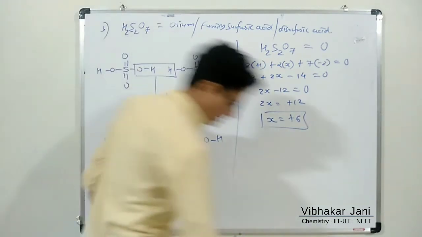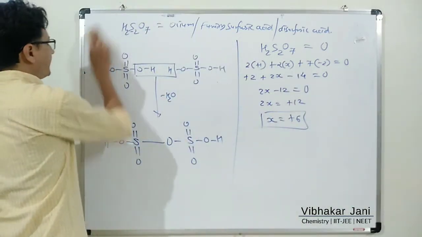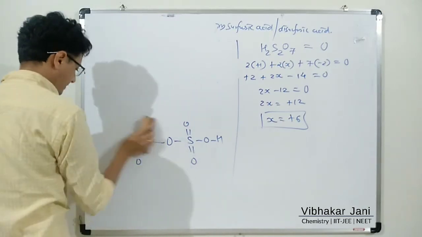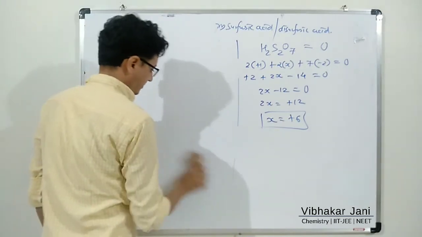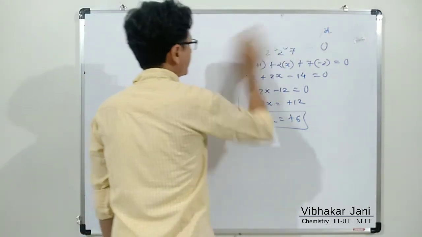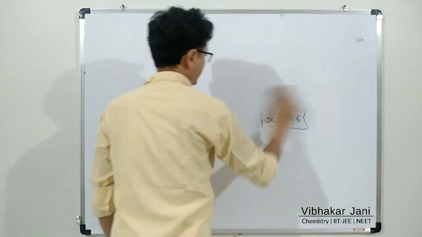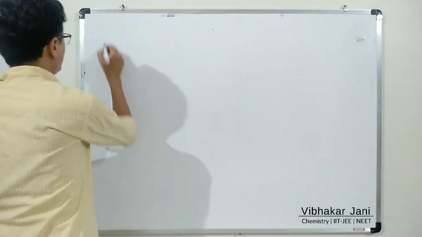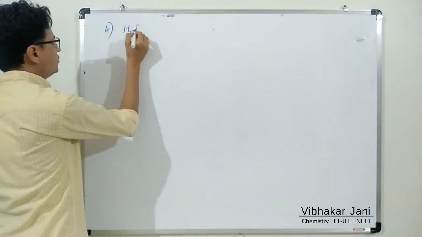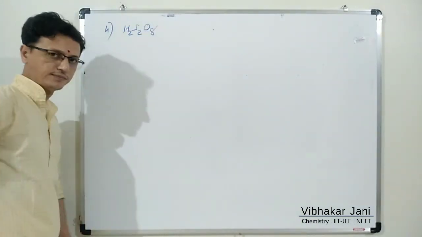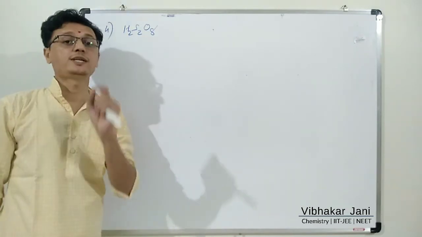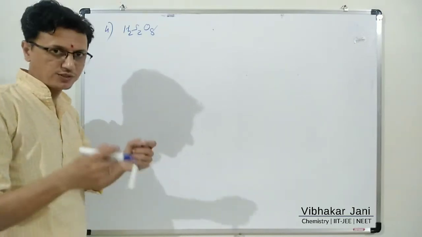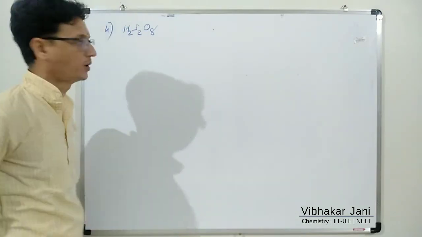Okay, now let us see the fourth example. Fourth example is H2S2O8. The third example was H2S2O7, but here it is H2S2O8. One oxygen is more than the previous.